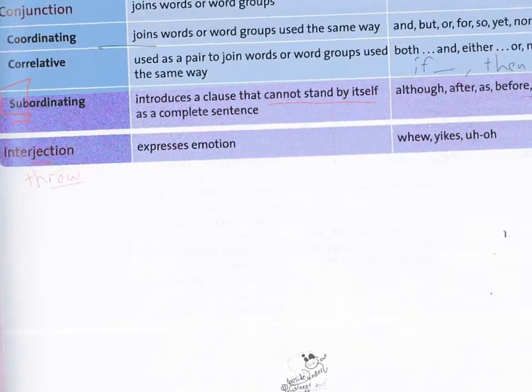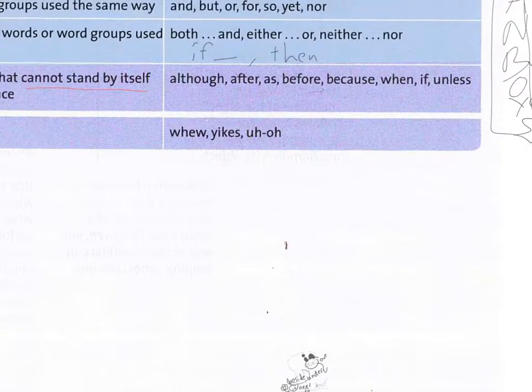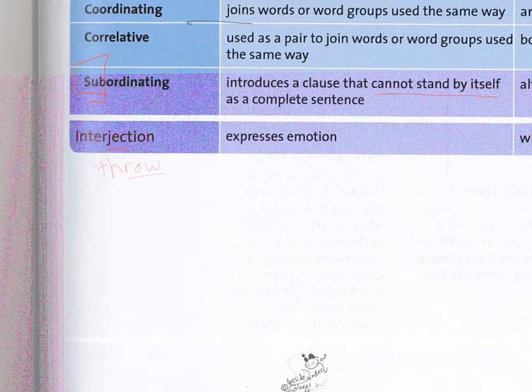It expresses emotion, like whoo, yikes, uh-oh, OMG, any of those things that we say that don't actually mean anything, but they do communicate our feelings. We're just throwing those feelings out there. We're interjecting them. And often an interjection might have an exclamation mark when we say it.